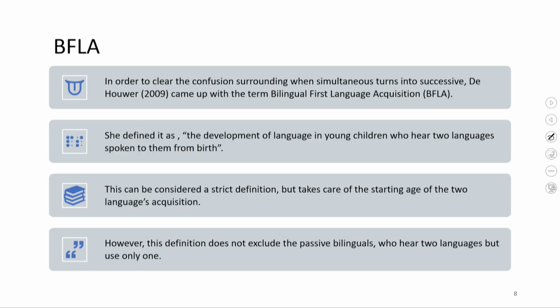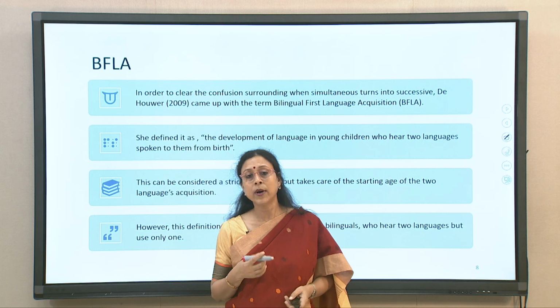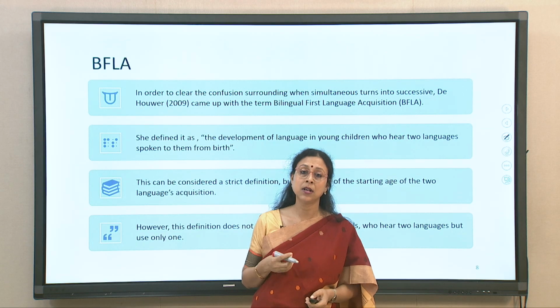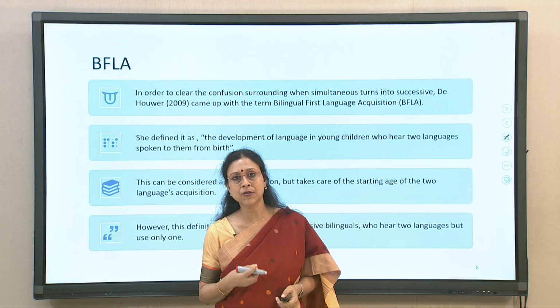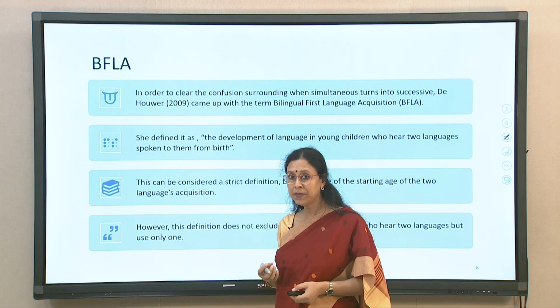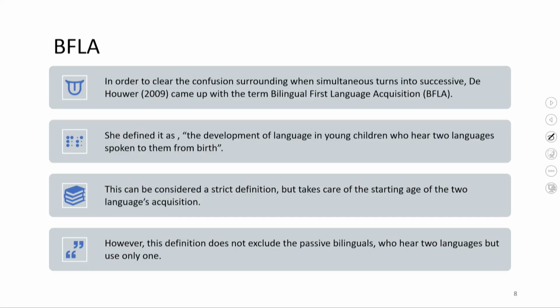So, in order to clear the confusion surrounding when simultaneous turns into successive, and how you have a different nomenclature, how you differentiate them, there was a different name given to simultaneous bilingualism, which is bilingual first language acquisition.